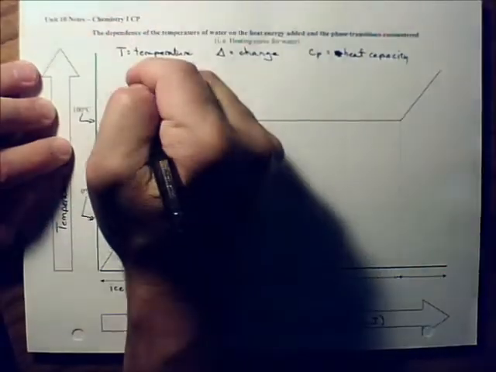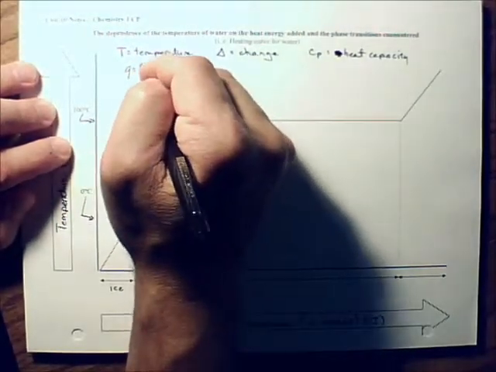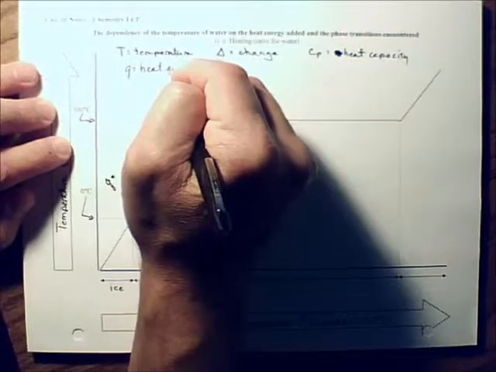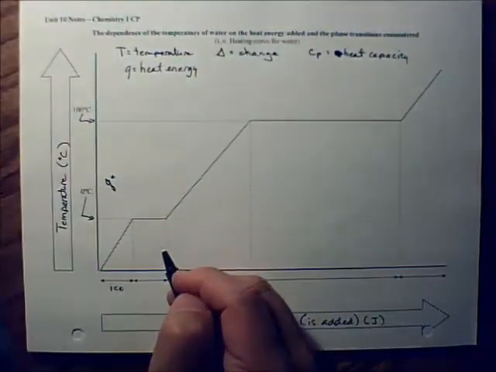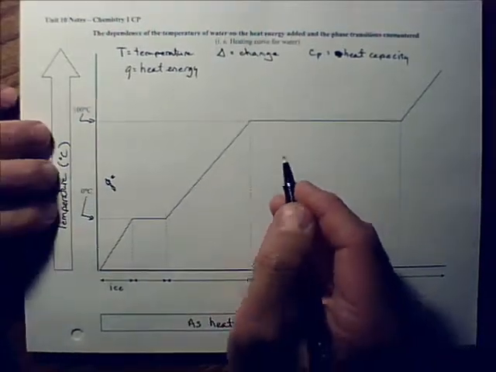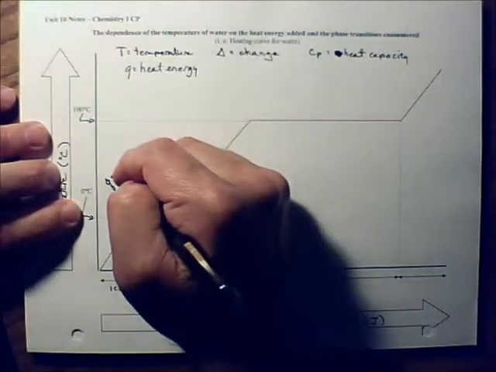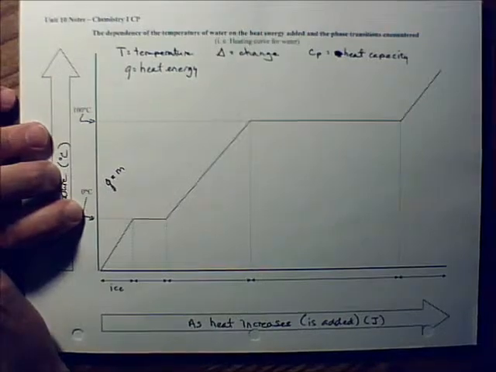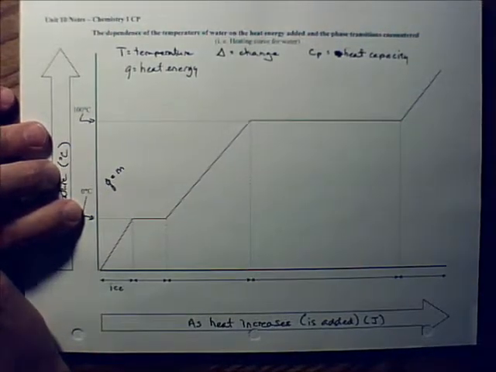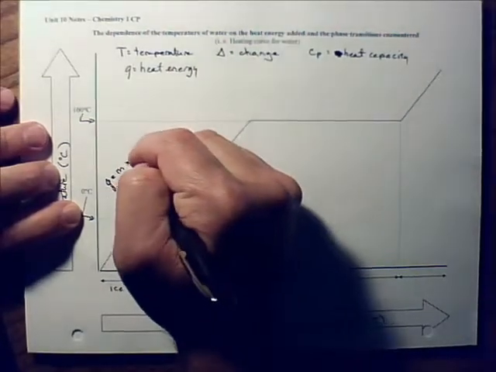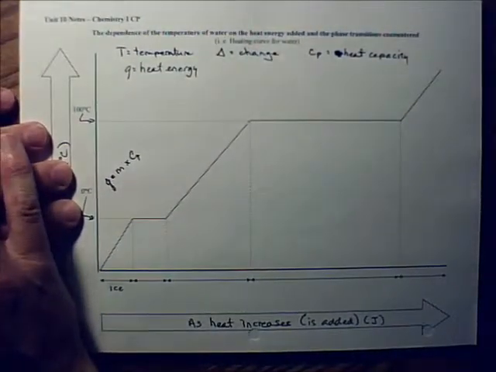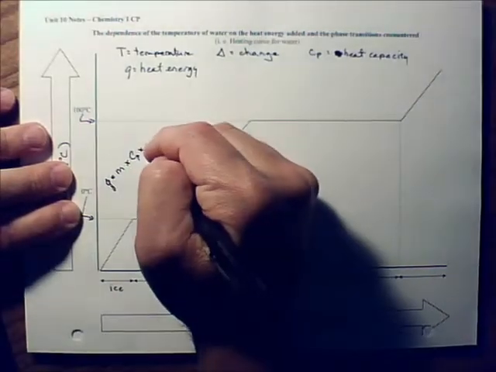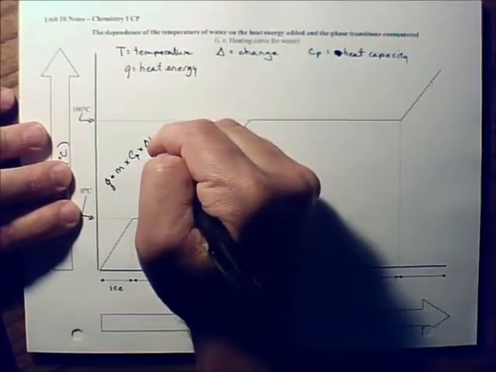Q means heat energy, equals the mass. So the mass of the water matters, times that specific heat that has to be calculated, figured out, times the change in temperature.